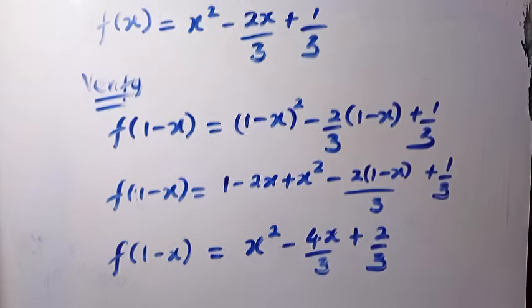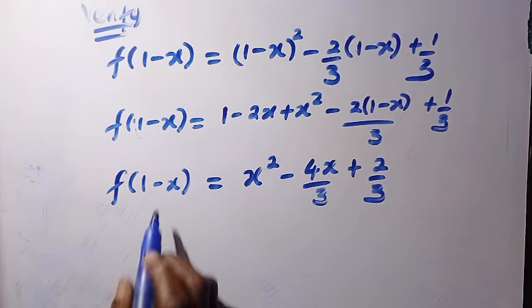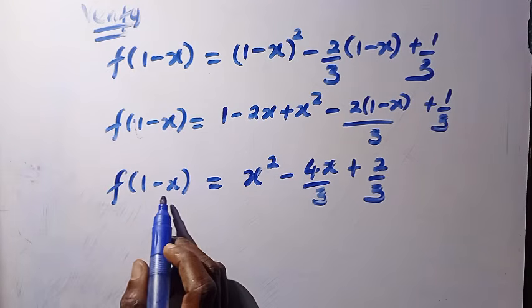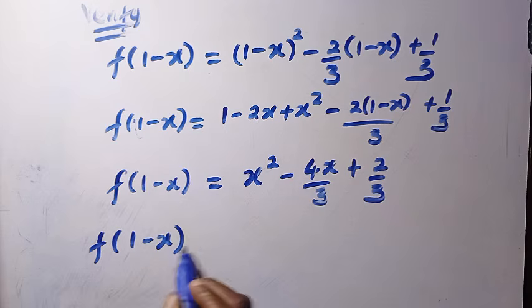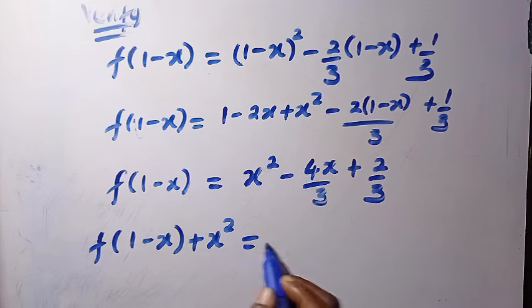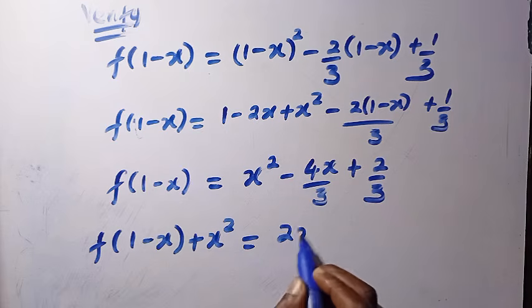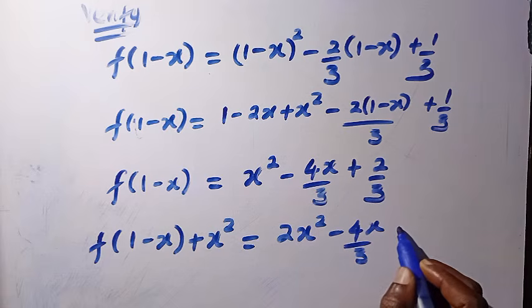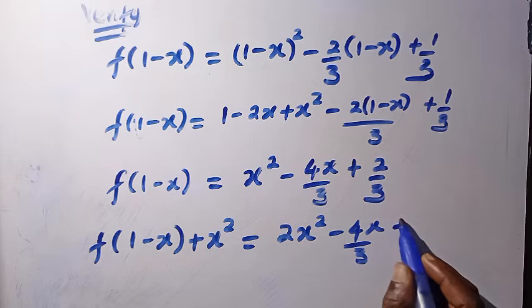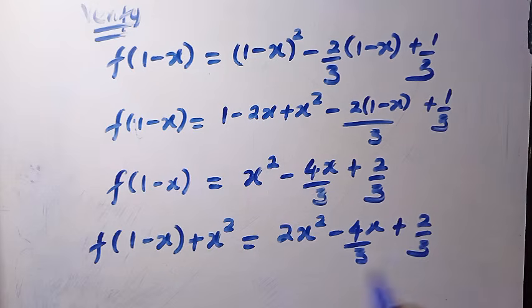But again, considering adding x squared with this, we are going to have f of 1 minus x plus x squared equals, adding x squared to this gives us 2x squared minus 4x over 3, then plus 2 over 3.